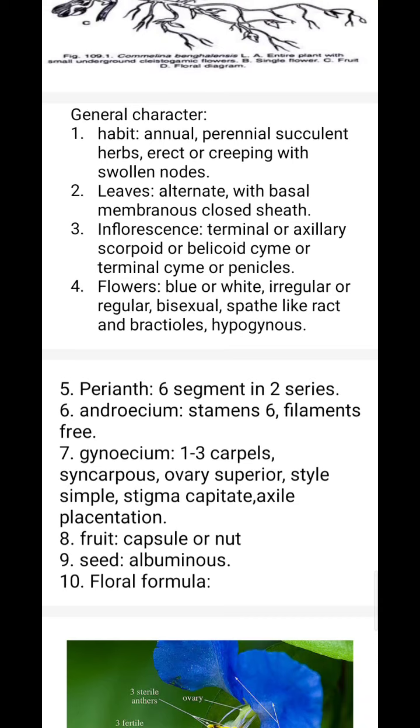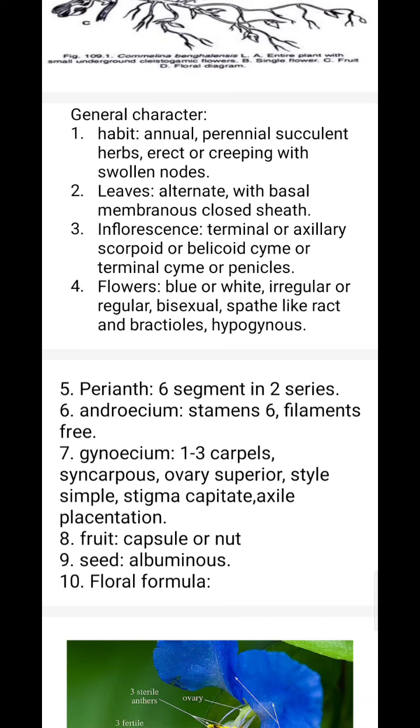So this Commelina genus is annual or perennial succulent herbs, erect or creeping with swollen nodes. तो ये हमें ये प्लांट एनुअली भी प्रेजेंट रहता है और पेरेनियल भी. एनुअल मतलब जिसका लाइफ स्पैन 1 ईयर रहता है, और पेरेनियल that means the plants having the lifespan of 2 to more years.